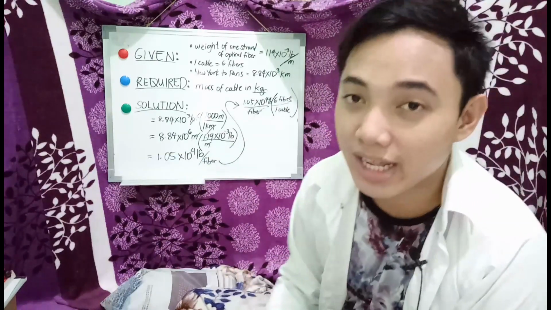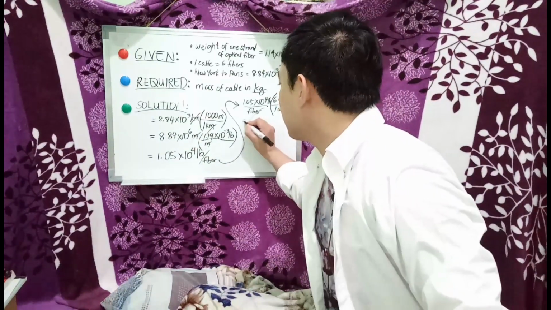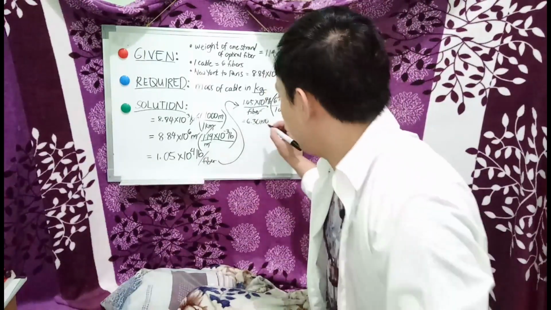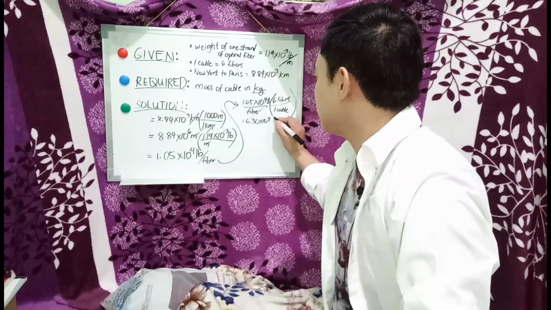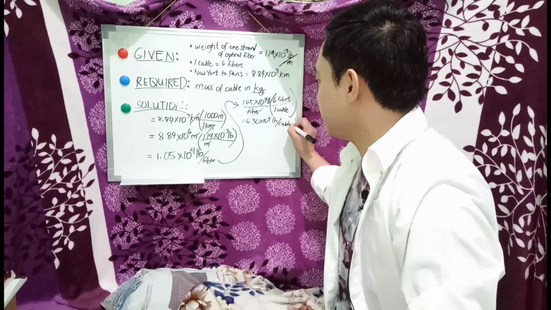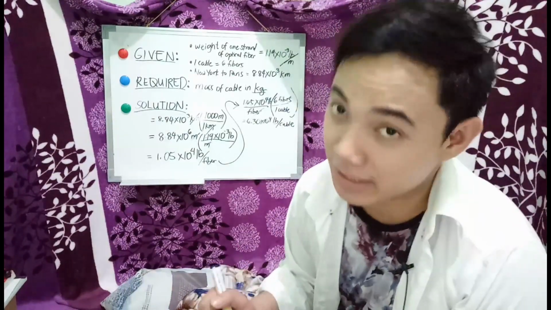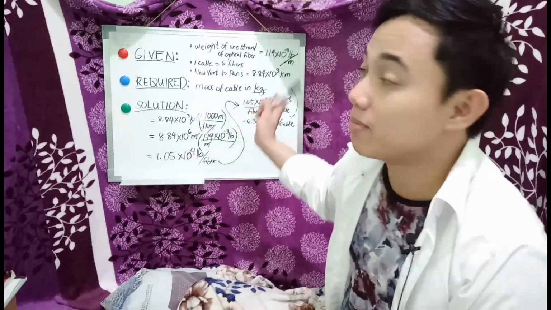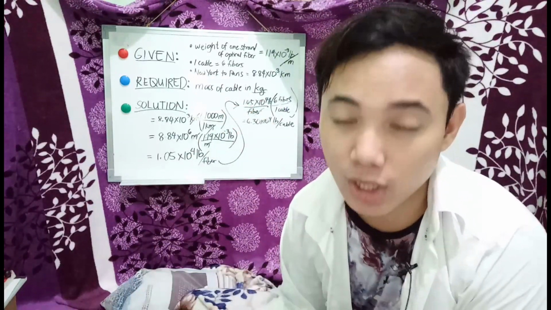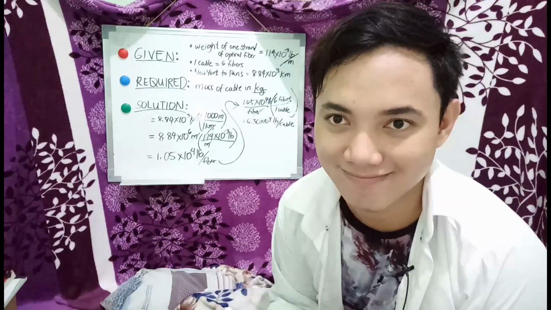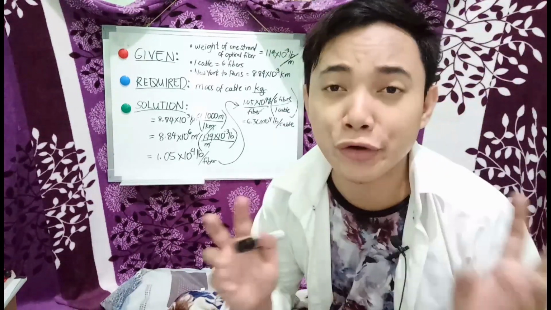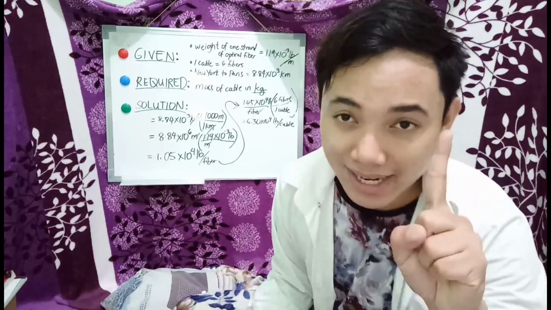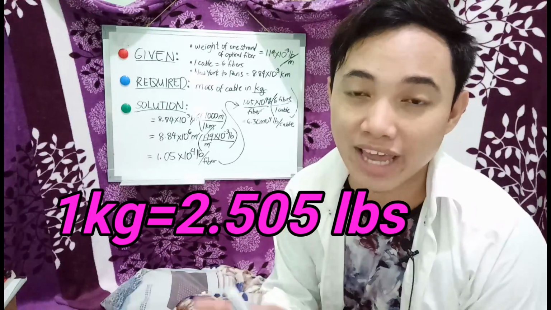Then, while doing the calculation, yung sagot niya is 6.30 times 10 raised to the power of 4 pounds per cable. Ngayon, hindi pa dyan nagtatapos. Kasi yung hinahanap sa problem is yung mass of cable in kilograms. So, kilograms per cable dapat yung sagot natin. Since pound siya, ano ba yung conversion factor between pounds and kilograms? In 1 kilogram, there is 2.205 pounds.